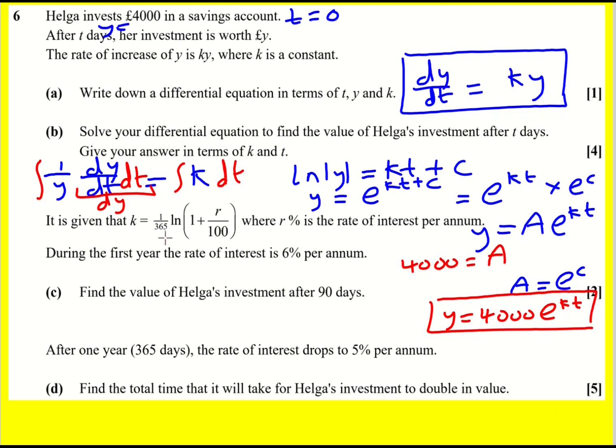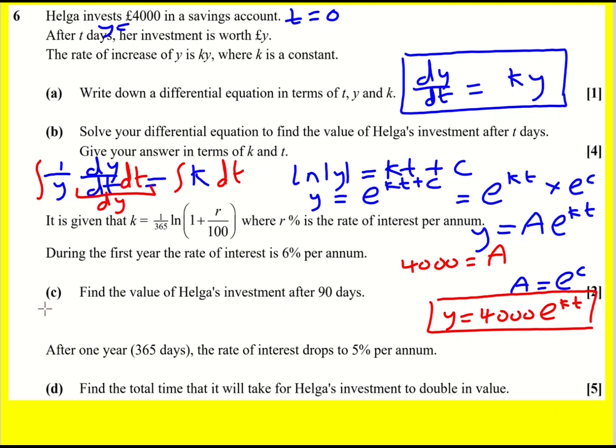It's given that k is 1 over 365 times ln of 1 plus r over 100, where r% is the rate of interest per annum. During the first year, the rate of interest is 6% per annum. So r is going to be 6 in the first year. Find the value of Helga's investment after 90 days. Again, that's in the first year.